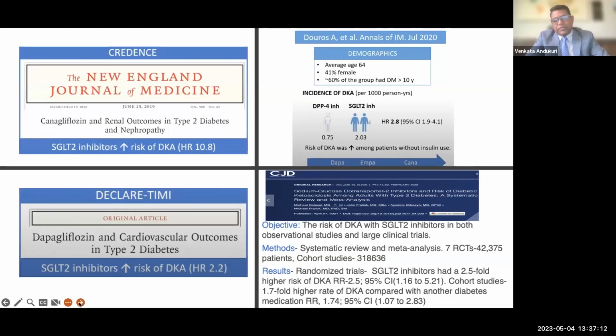The risk of DKA was greater amongst patients without insulin use. It's very important to understand why. Also, canagliflozin was the worst culprit in this, with dapagliflozin being the least dangerous in terms of causing euglycemic DKA.